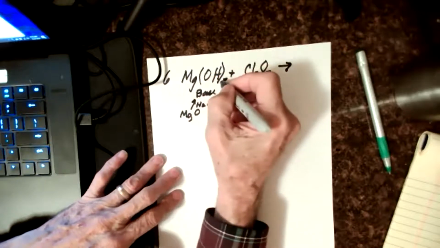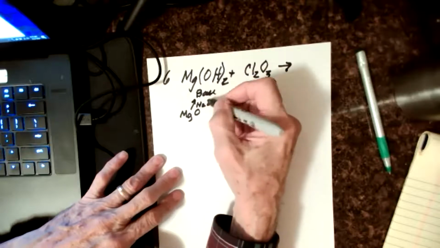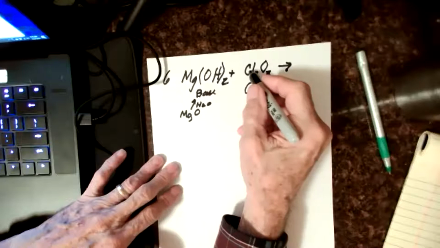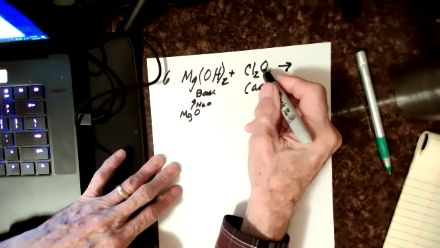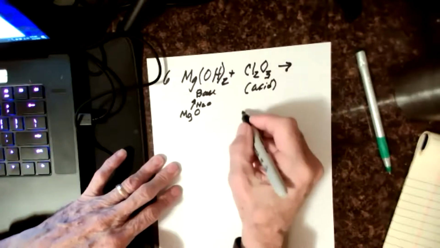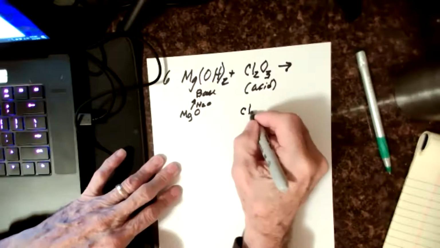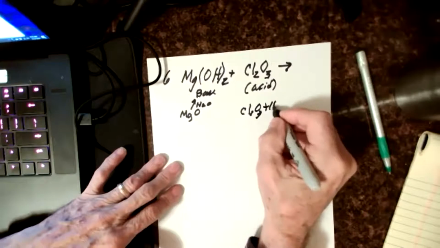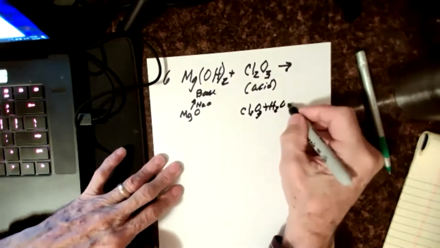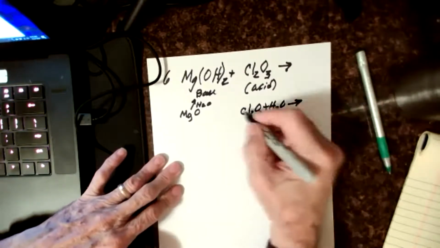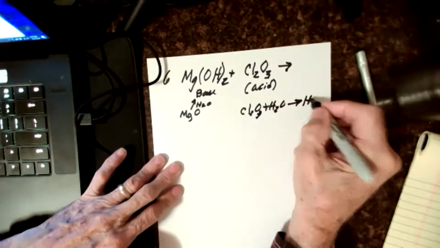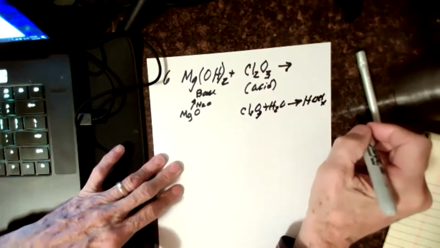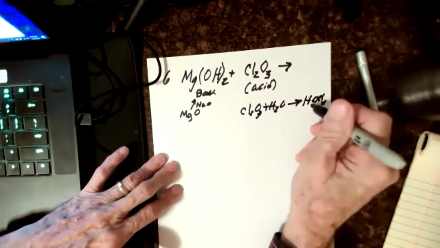And they'll form this base in water when I put MgO with water. Now, non-metal oxides form acids. So if I put Cl2O3 into water, I'm going to make one of the oxychlorine acids, HOClX. And I don't know which one that would be.